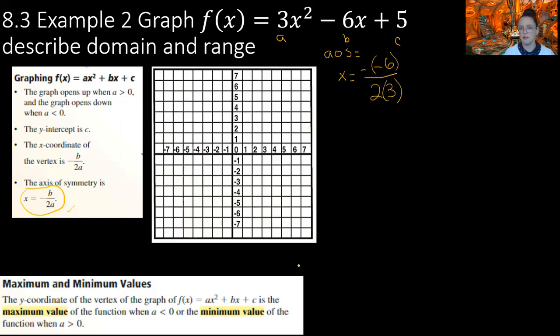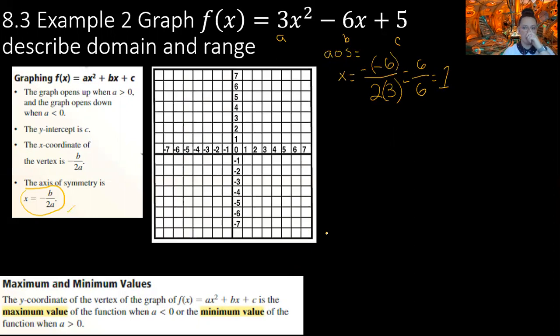Let's put parentheses in there. That's why we got to put those parentheses in. So let's simplify this. We're going to have -6 becomes +6 over 2 times 3, which gives us 6 over 6. So our axis of symmetry is x equals 1.